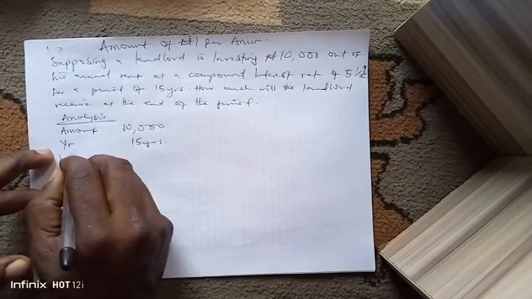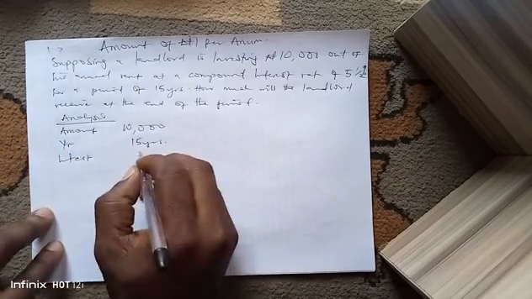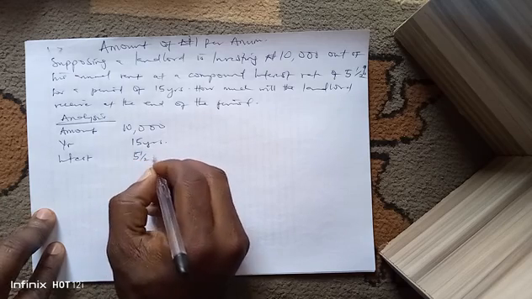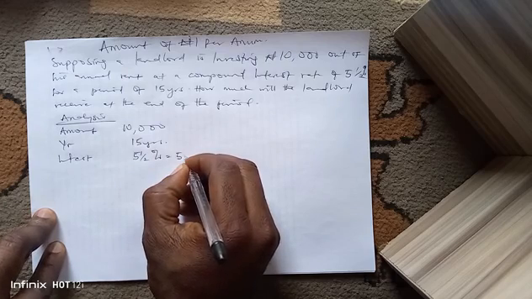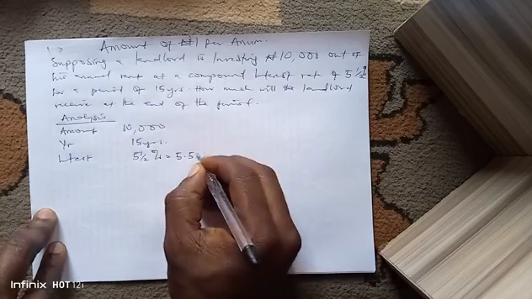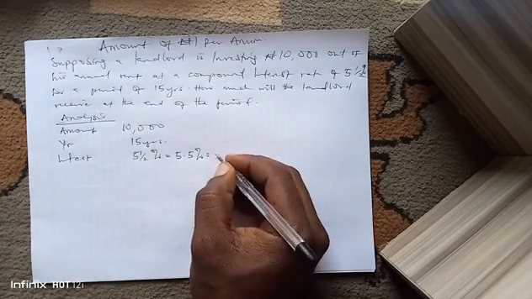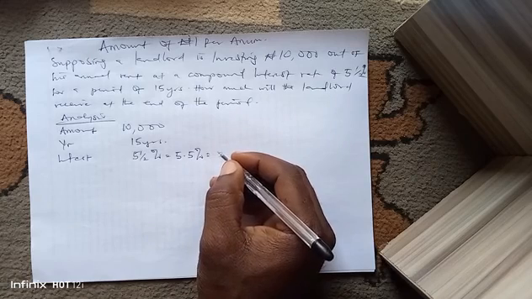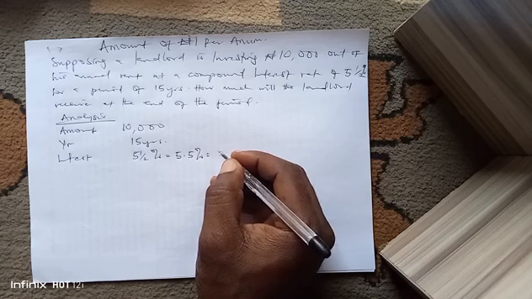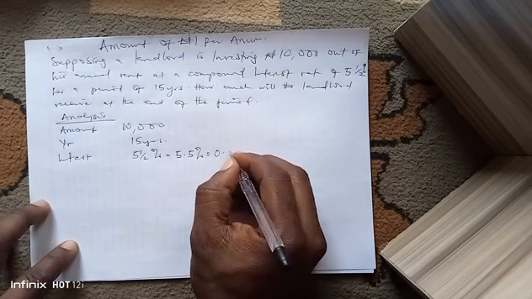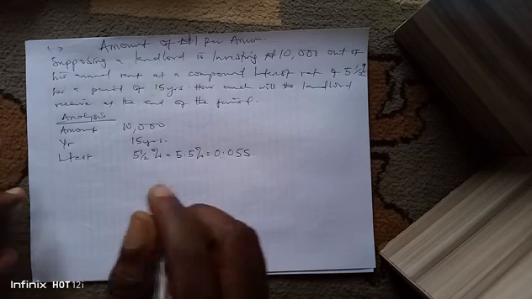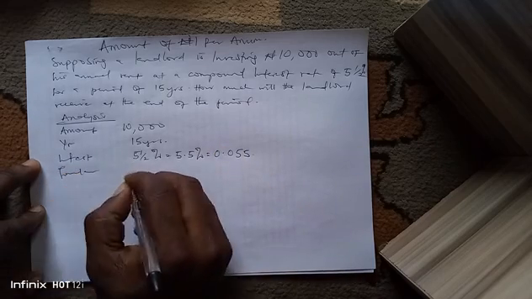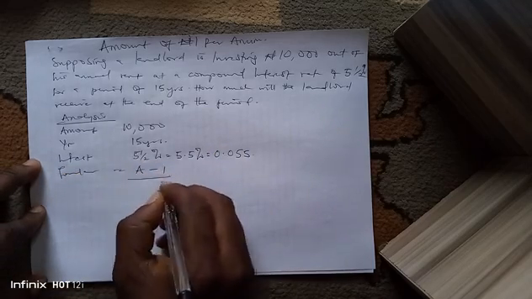And at what interest rate? 5.5%, which is still in percentage, which is equal to 5.5 divided by 100, which is equal to 0.055. Now this is our interest rate, and our formula is A minus 1 all over I.